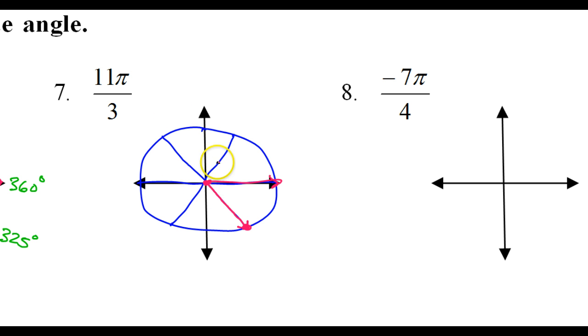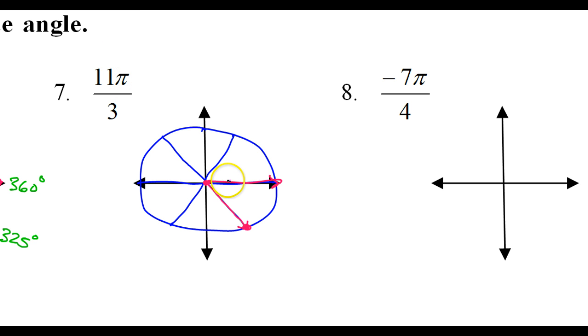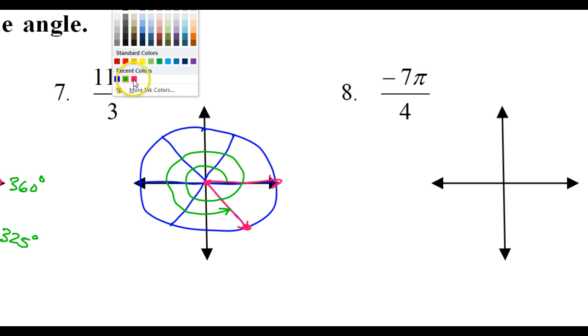And to sketch it, I'm going to need a curly Q. Okay, let me do that again. Alright, so I started from here, and I went 1, 2, 3, 4, 5, 6, 7, 8, 9, 10, 11 pi over 3. Alright, so there's my sketch. Beautiful. Okay, anyway, the reference angle is going to be right here.